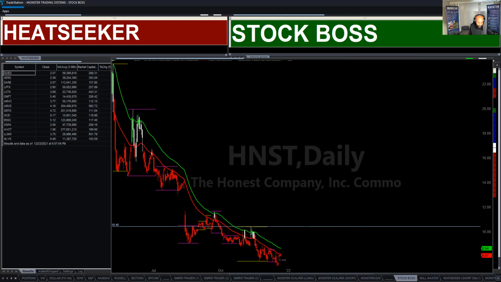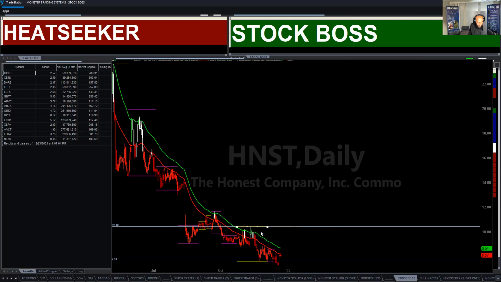It's not tradable yet. It's definitely not in the accumulation phase yet, but where the bias came in was kind of right in this area here.